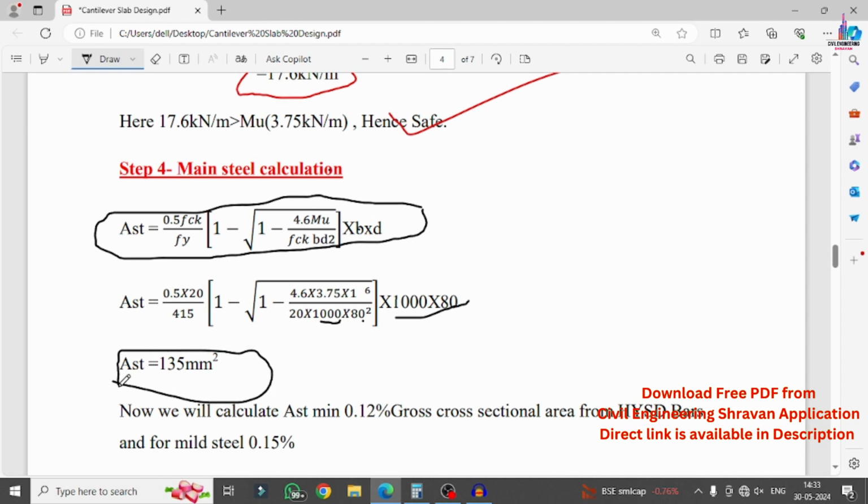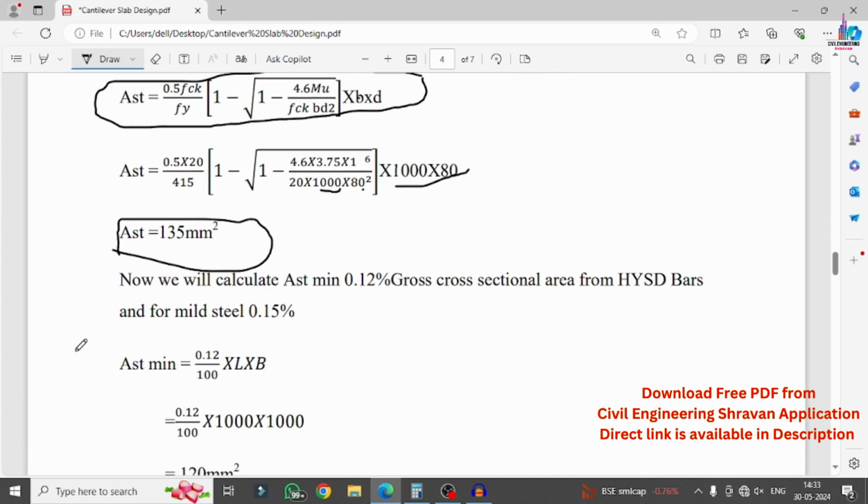Now we will calculate the Ast minimum, which is approximately equal to 0.12% of the gross cross-sectional area. For HYSD bars we will consider 0.12%, and for mild steel bars we can consider 0.15%. Now we will calculate that particular Ast minimum value. So we have to multiply this 0.12% with length and width.